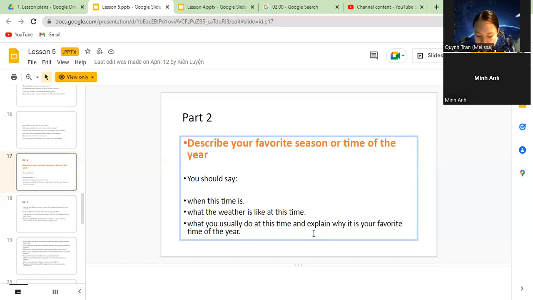It is the time of the year that I like the best because I can relax in the comfortable weather. I can take part in many activities in the Tet holiday and I can enjoy the atmosphere or anything else.